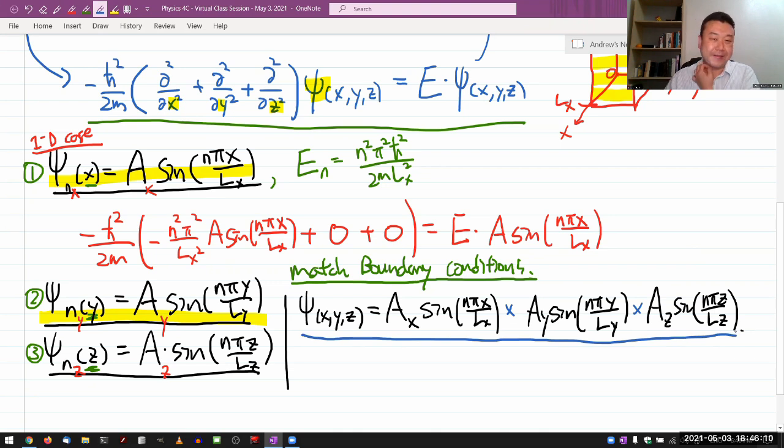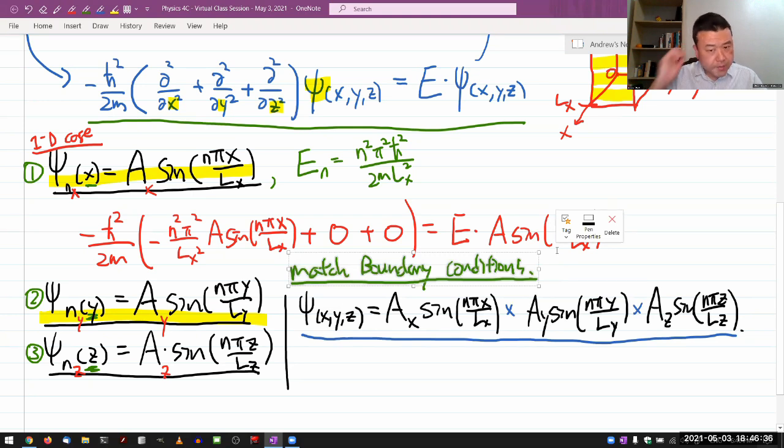And I find that slightly unsatisfactory. So let me try to give you a little bit of a mathematical explanation why this way of combining solutions will actually give you an answer that'll work. As in, it satisfies the Schrodinger equation, and you can use it to match boundary conditions.